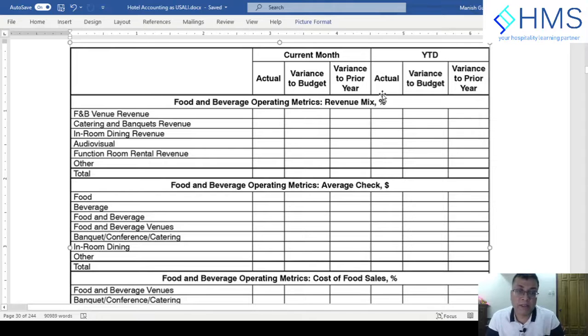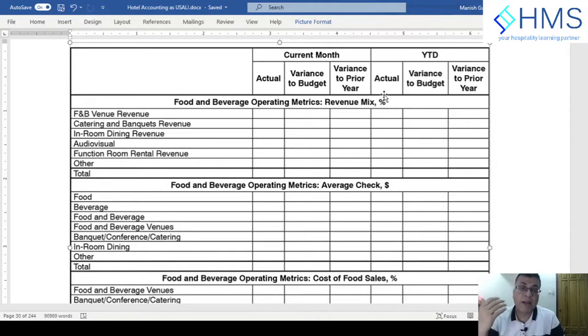This table will give you a very brief, bird's eye view of the operating performance of the F&B department as a whole, telling you how much revenue comes from the venues, how much is banquet, how much is in-room dining, audio-visual, function room revenue, and other revenue.